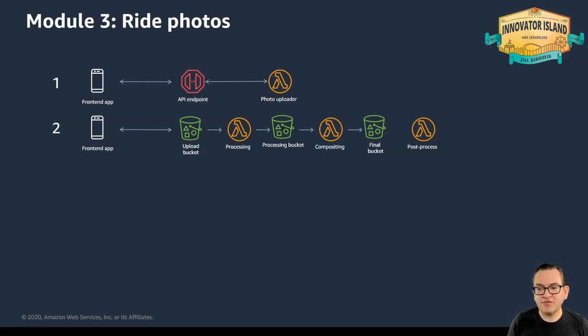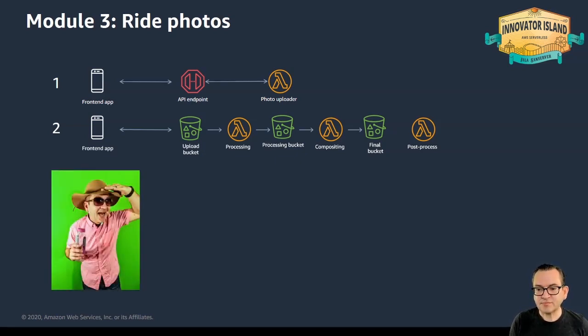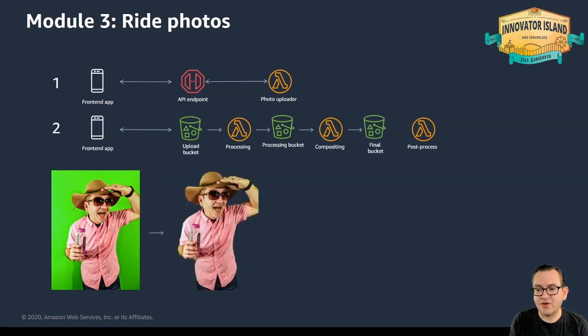So this is how the events then unfold. You upload that image directly to that bucket, which triggers a Lambda function. That put object event then triggers another Lambda function, which then writes to another S3 bucket, which triggers the final Lambda function. When you look at the green screen image, this is an example of the ones that we'll be using. The original image is the person against the green screen background.